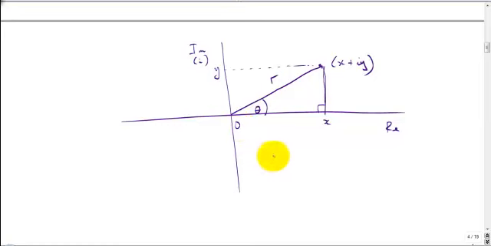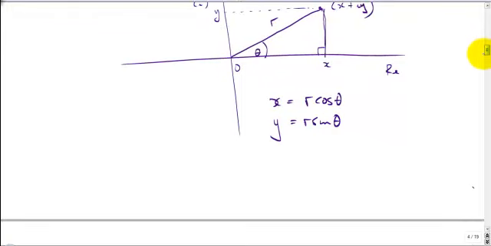So we know now, using Pythagoras' theorem, that the cosine of theta is the adjacent over the hypotenuse. So therefore the adjacent is x, so we can say x is equal to r cosine of theta. And likewise, we can say that y is equal to r sine of theta.